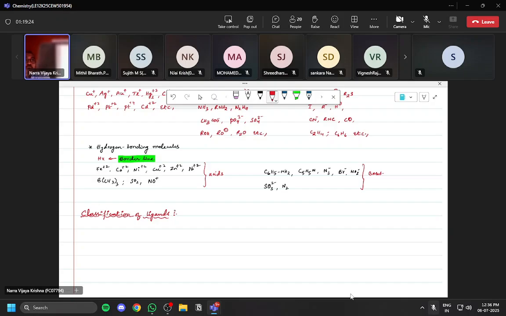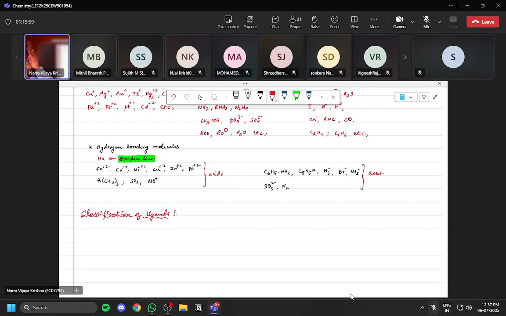The metal should accept lone pairs of electrons, so the metal atom should have more empty orbitals, or a high charge. So higher charge central metal atoms and good lone pair electron donors prefer to form strong, stable complexes. Such metal atoms are called hard acids. Such ligands are called hard bases.